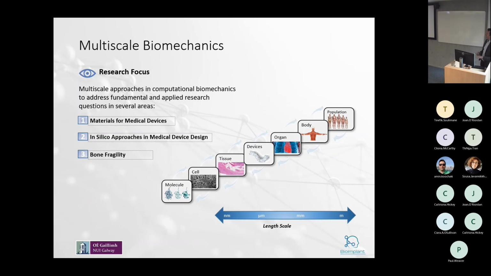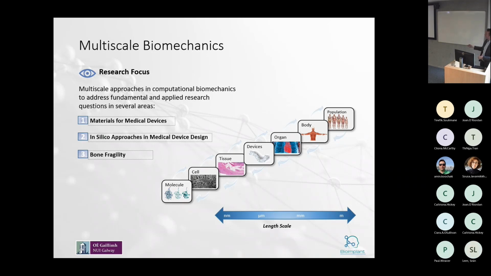So in terms of my research group in general, as Noel said, my PhD was in the area of composite micromechanics. So I've kept that theme running through my current research, looking at computational biomechanics across a range of different length scales. So we do a lot to understand cell, tissue and organ level behavior in the areas of bone fragility in particular.